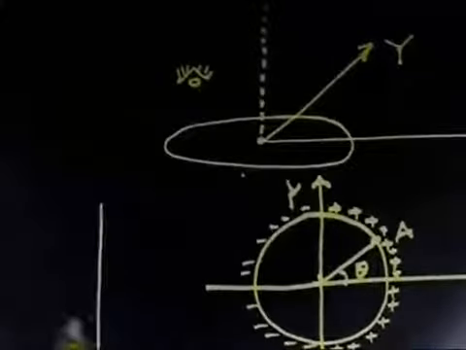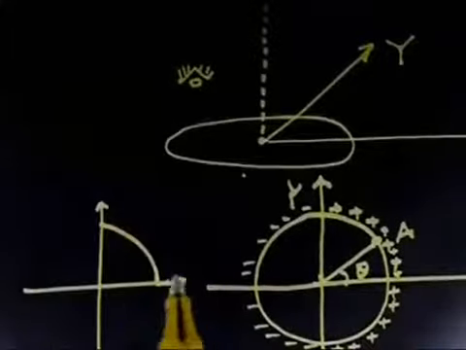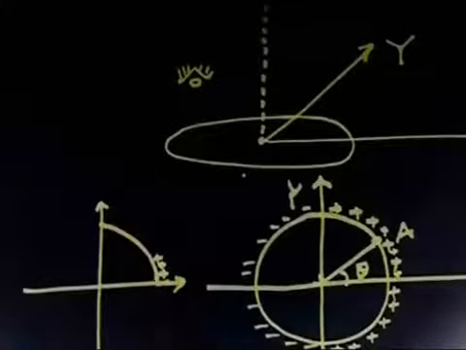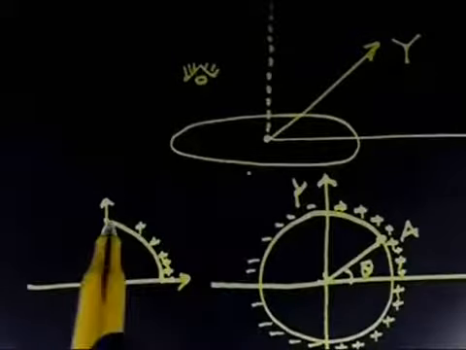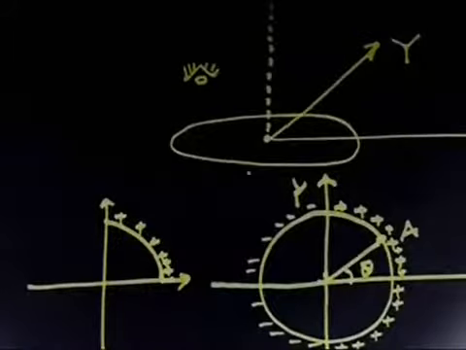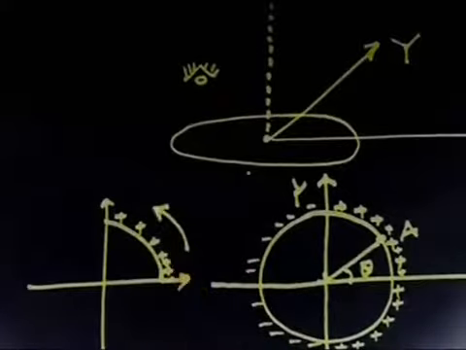If I show only the first quadrant, you have the same thing: high charge density here, then decreasing, and then almost 0 charge density. Along this, the charge density decreases.